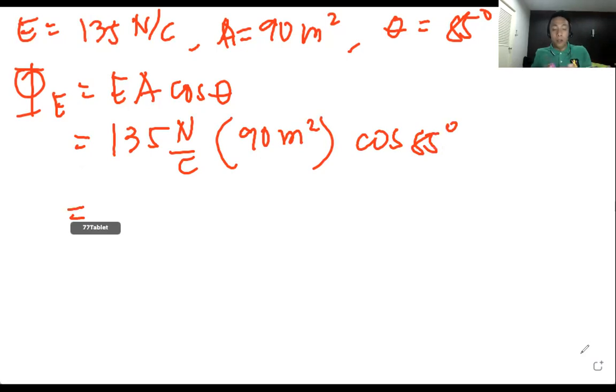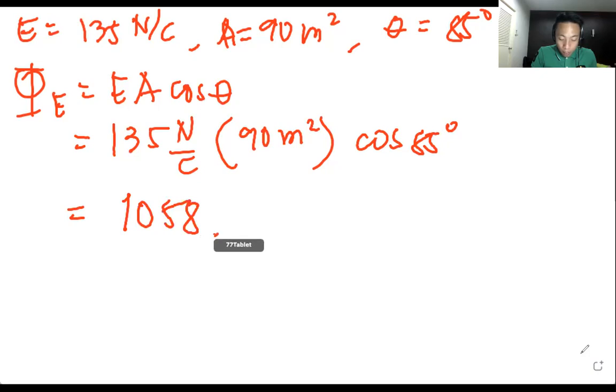Okay? If you put that in your calculator, so calculator na naman tayo, I will put 135 multiplied by 90 multiplied by cosine 85 degrees. So we have the answer, which is 1058.9423, and so on and so forth, yung pinaka-estimated na nasagot.